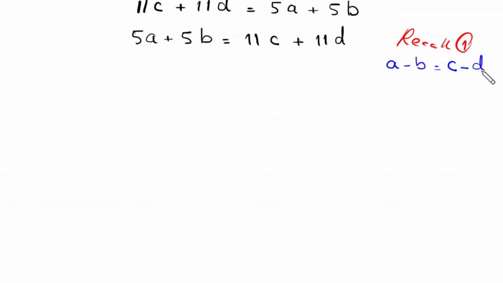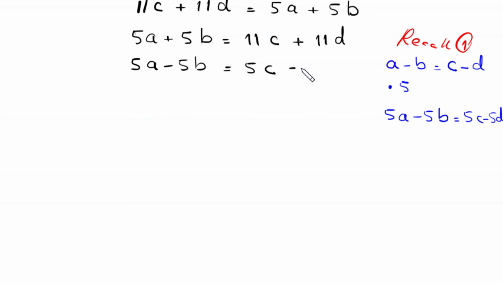We multiply this equation by 5, so this becomes 5a minus 5b equals 5c minus 5d. And we add this equation to the other equation. This becomes 5 times a minus 5 times b equals 5 times c minus 5 times d. We add these two equations.